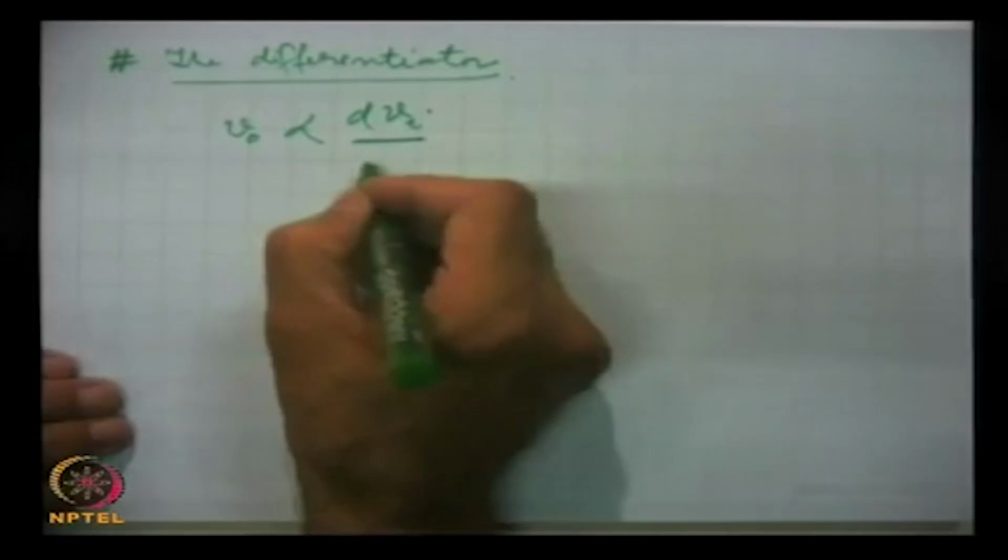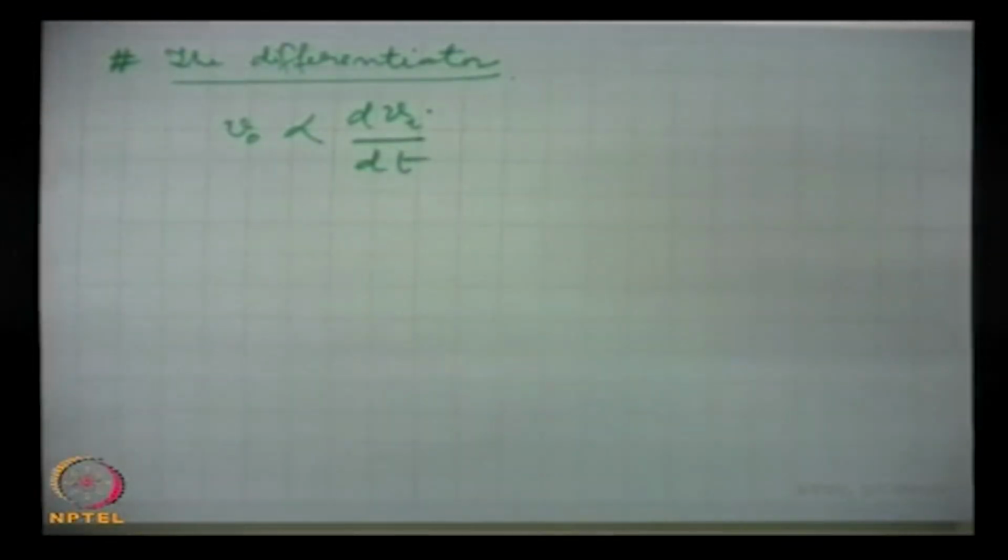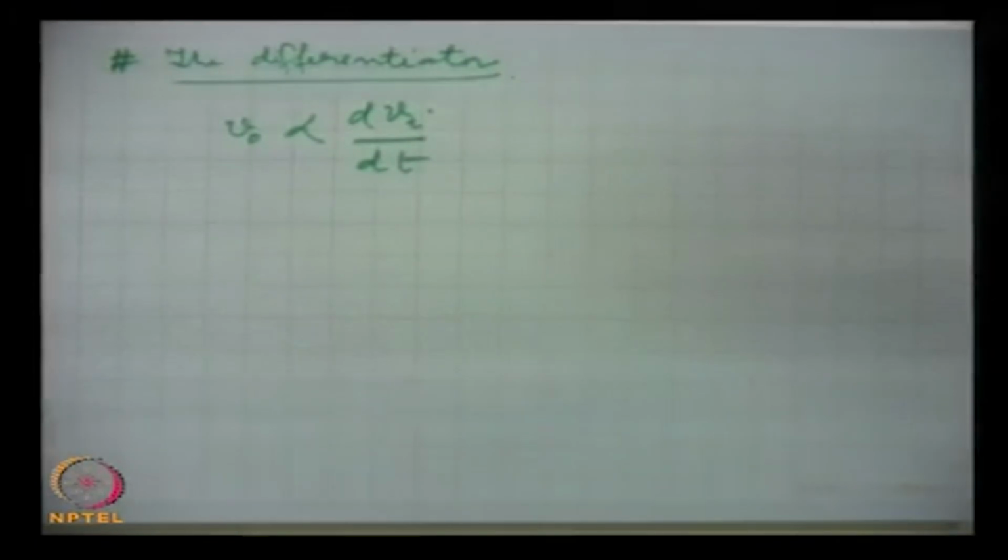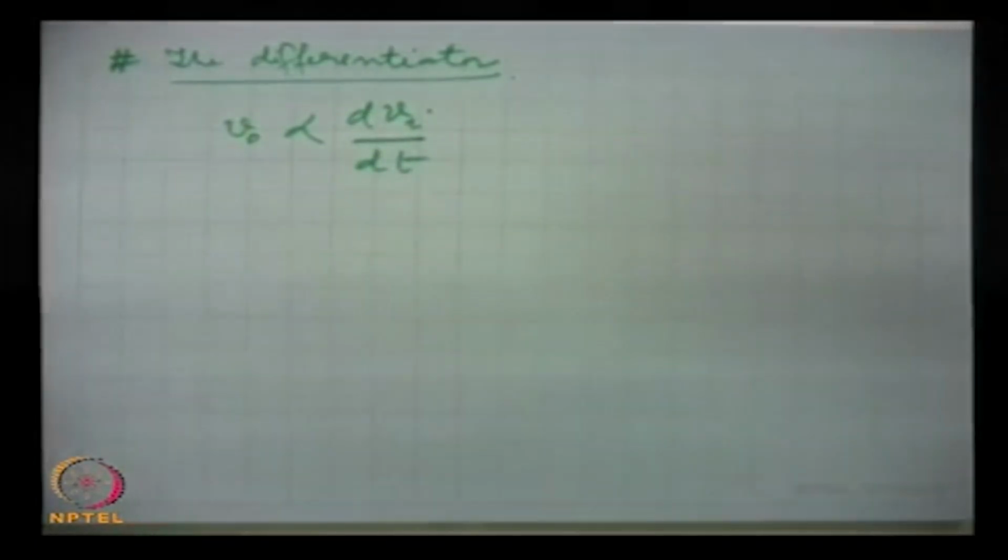I repeat that output in the differentiator is proportional to the rate of change of the input, so when the input signal is Vi, then the output is proportional to its derivative, and this circuit is called a differentiator or differentiating amplifier.